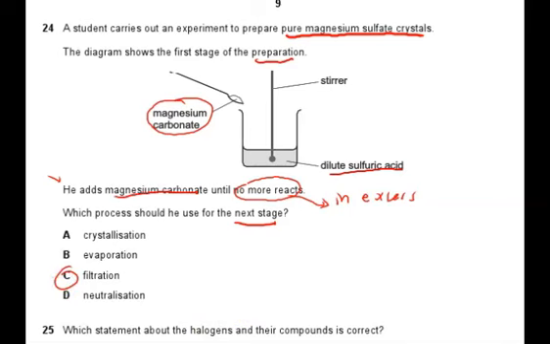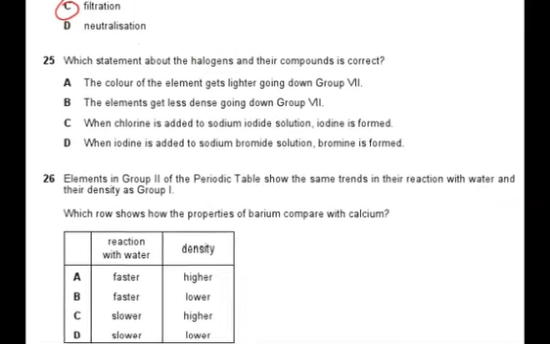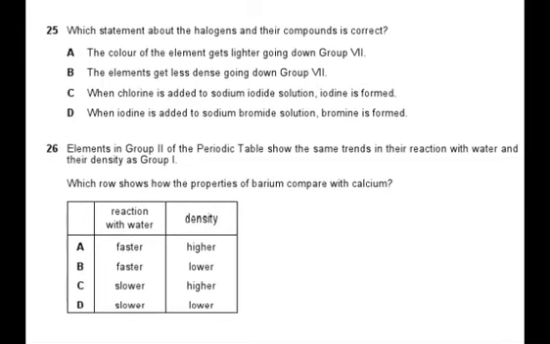Okay, now number 25. Which statement about the halogens and their compounds is correct? The color of the element gets lighter going down the group 17. Halogens, we just write it down here: fluorine, chlorine, bromine, and iodine.